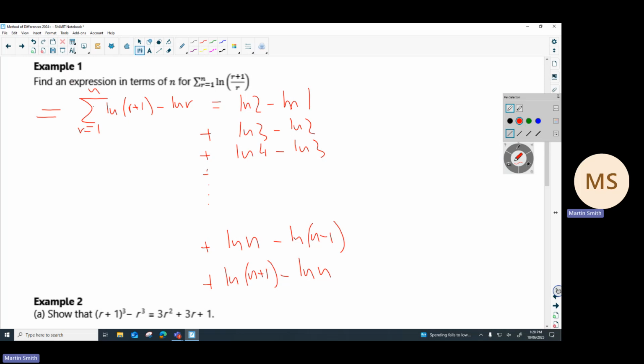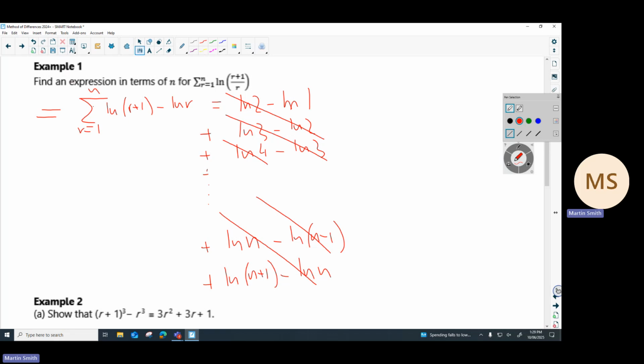Now, what we can see is that lots of these terms will cancel out. For example, we've got a plus ln2 in the first row and a minus ln2 on the second row. Those will cancel out. I've got a plus ln3 and a minus ln3. Those will cancel out. This ln4 would cancel out. And if I carry on to the bottom, this plus ln n and minus ln n would cancel out, and this minus ln of (n minus 1) will go.